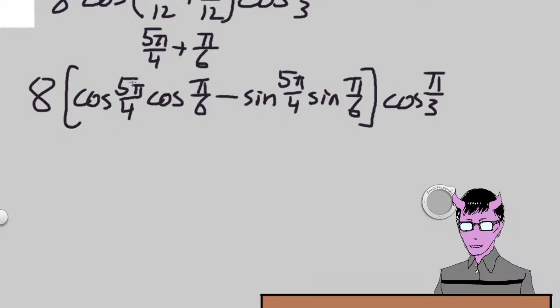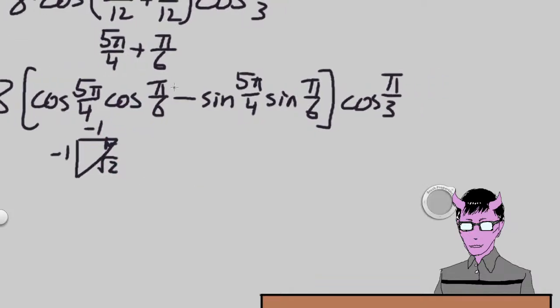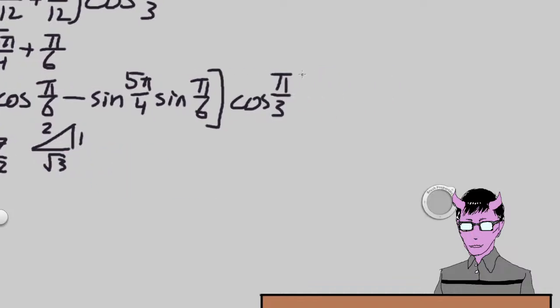We have this one. 5 is 1 greater than 4, so that's in quadrant 3. So we have a -1, -1, root 2. Pi over 6, slim angle in quadrant 1. And then we have this one. The wide angle. So root 3, 1, 2.